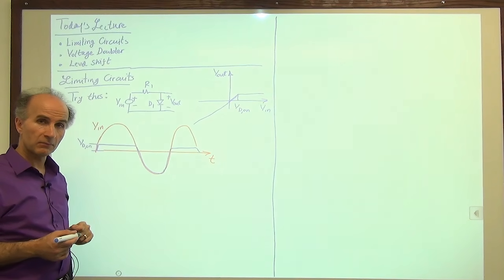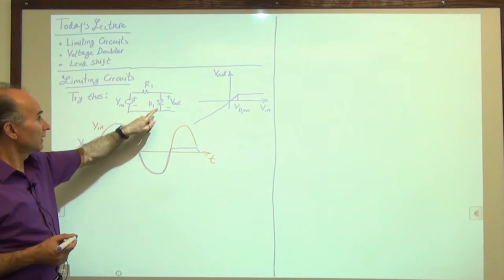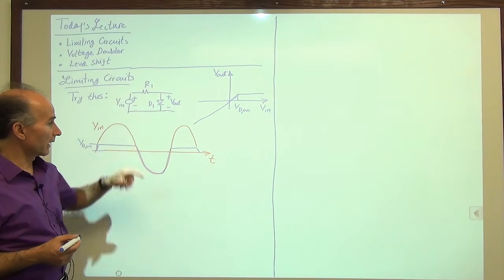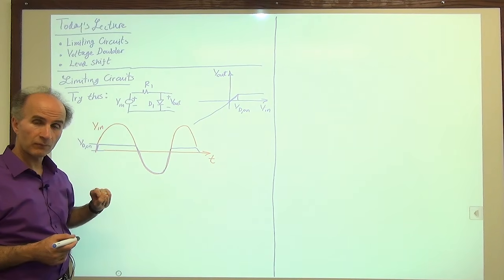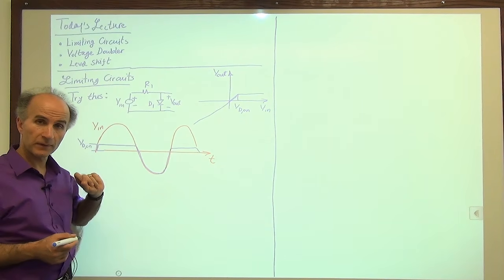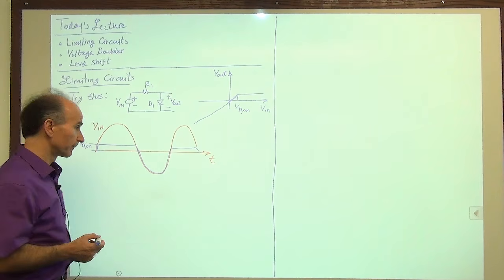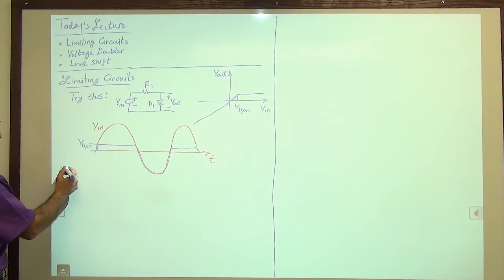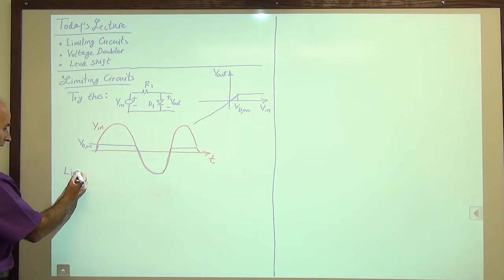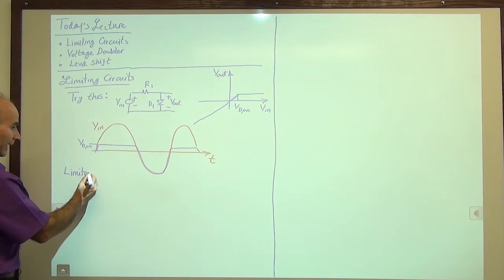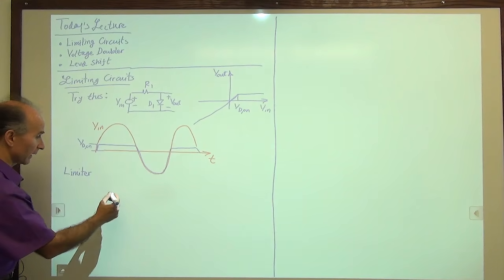Well, yes. Maybe if we flip this diode the other way, it will clip the other side. So if we have two of these diodes, maybe we can clip the positive side and the negative side. So our limiting circuit, which sometimes we just call a limiter, is like this.